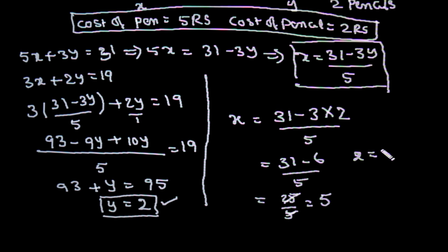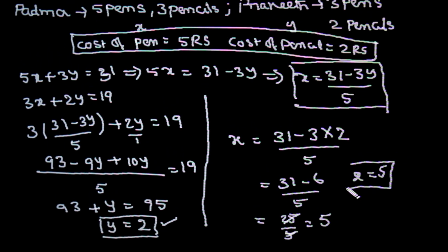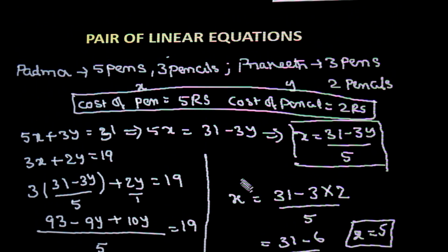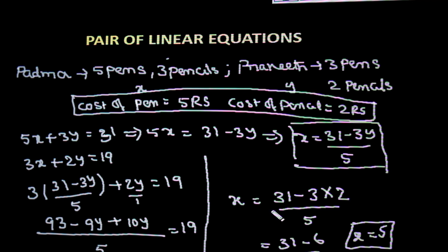X is equal to 5. We got it: x is equal to 5 rupees. That's all.